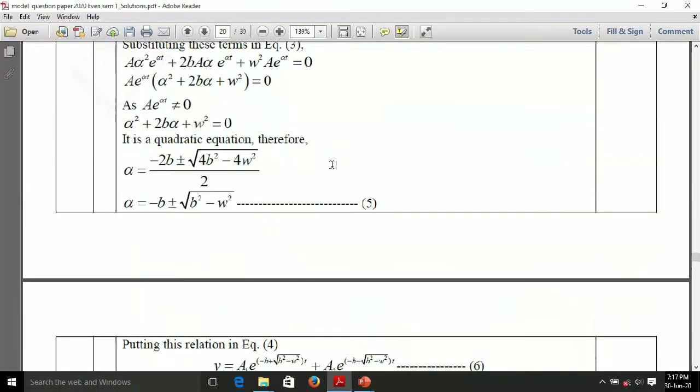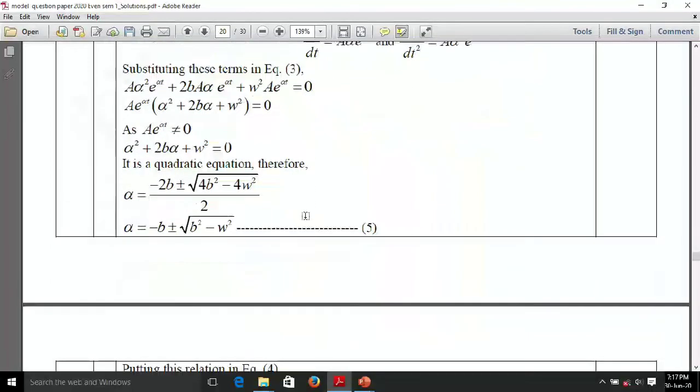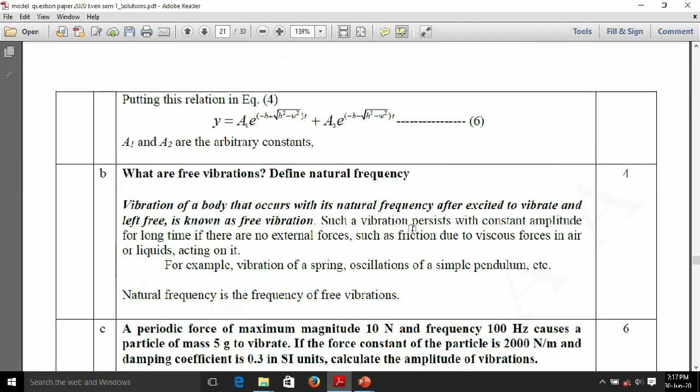On substituting the values and deriving, you will get this particular expression: y is equal to a1 e power minus b plus square root of b square minus omega square into t plus a2 e power minus b minus square root of b square minus omega square into t. If you derive up to this equation, it's enough. It will be for 10 marks.